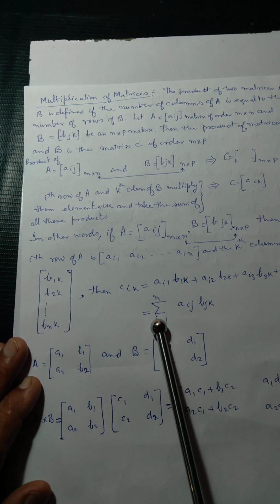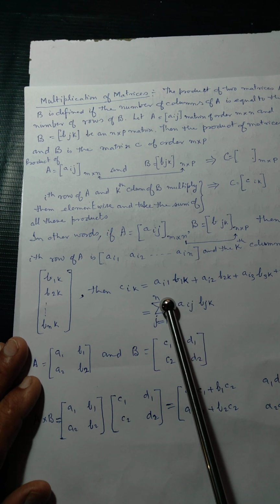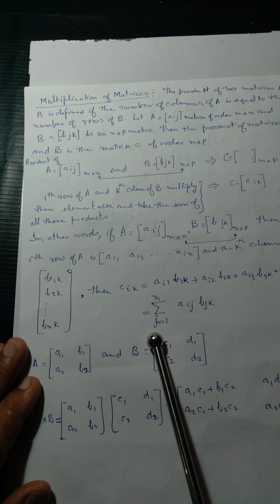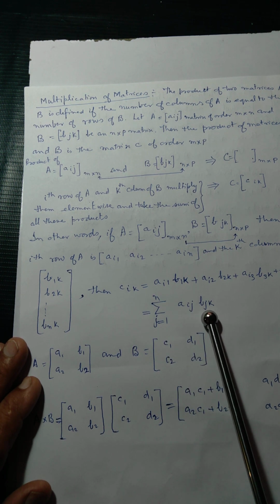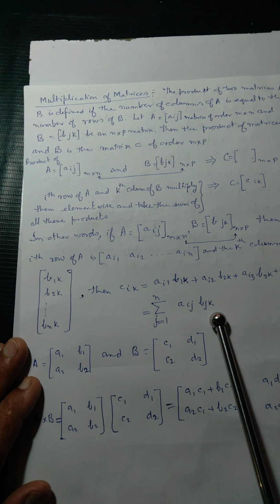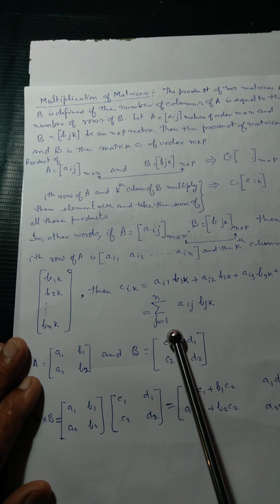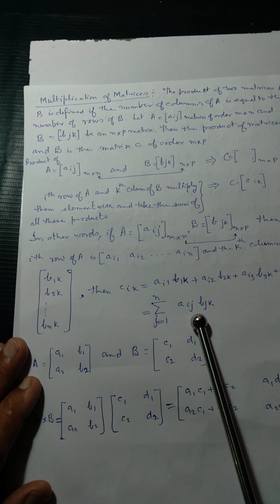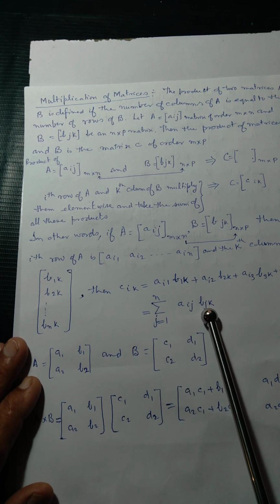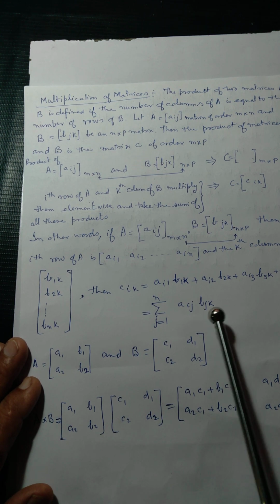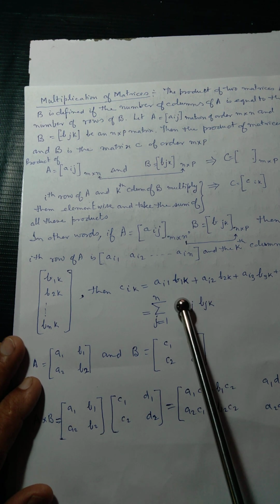In short, it can be written as summation of j from 1 to n, Aij into Bjk. Here j goes from 1 up to n.